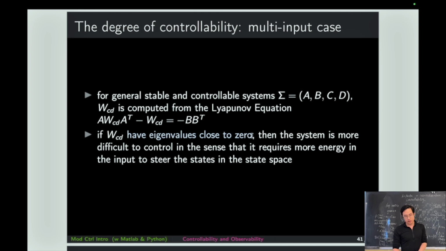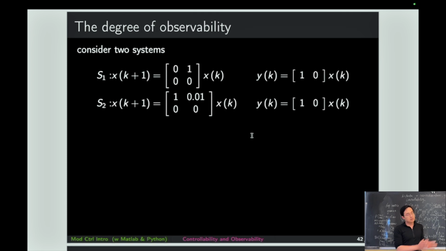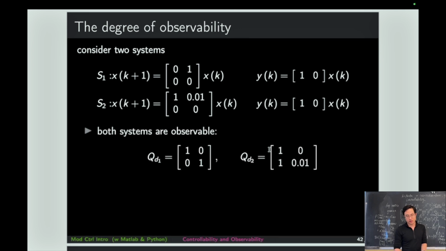That's the conclusion. The observability story is very similar. For these two systems, the first system is observable because it's in observable canonical form. You can see C is 1, 0, and A has 1 in the first off-diagonal entry. And then the second system, if you compute the observability matrix, is also non-singular, but is almost losing rank.